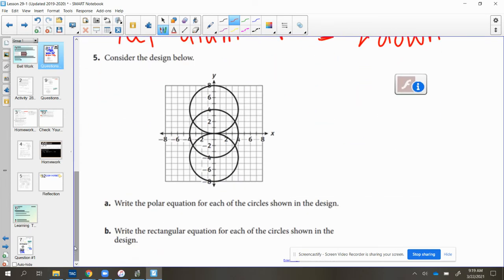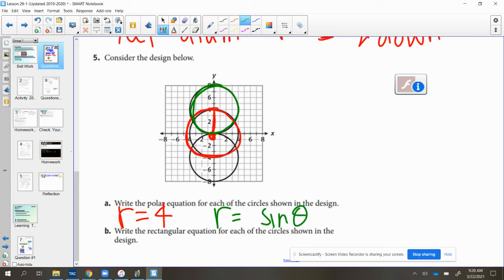So as we start looking at different equations, if we start with the center one here, notice we're centered at 0, 0, so we know this is just an r equals, and our radius this time is 4, so we're just r equals 4. Now to shift this up, remember that means we're going to make it an r equals something sine theta.